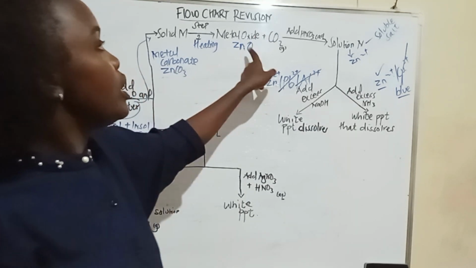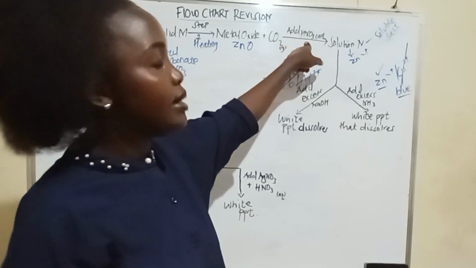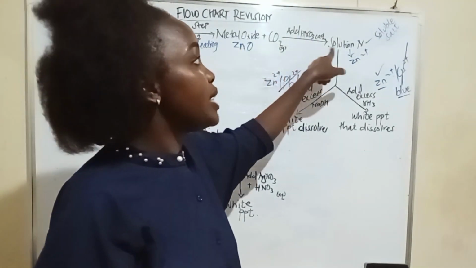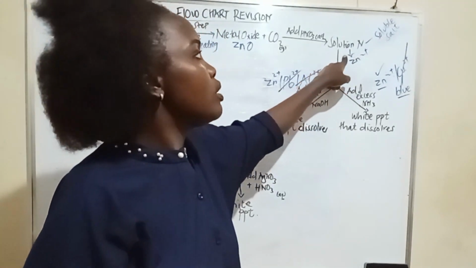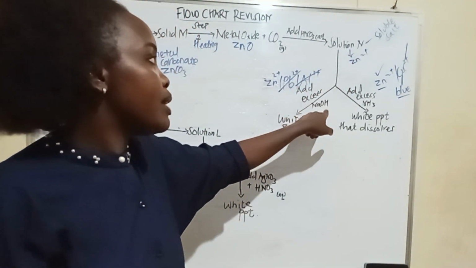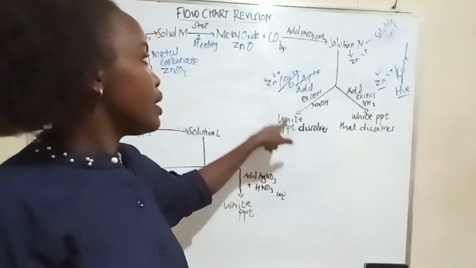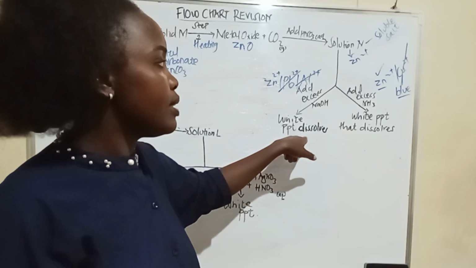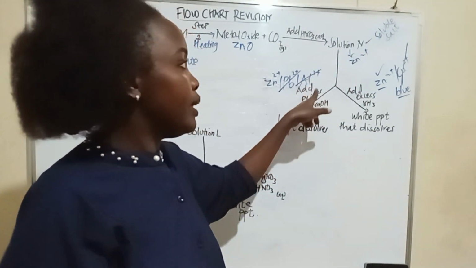And then from your zinc oxide, you react this insoluble metal oxide with your acid to get a soluble salt, which is solution N. And when you add excess sodium hydroxide to our soluble salt, you form a white precipitate that dissolves. And we said zinc ions dissolve in excess sodium hydroxide solution, and also lead and aluminium.